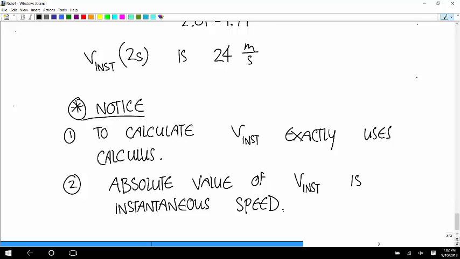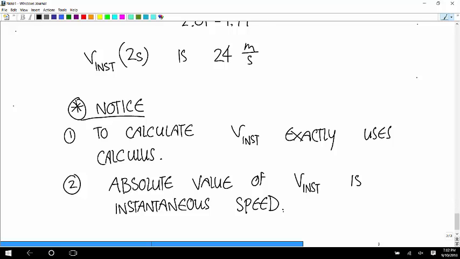So if your speedometer says 55 miles per hour, then depending on what direction you're going, your velocity could be positive 55 miles per hour or negative 55 miles per hour.